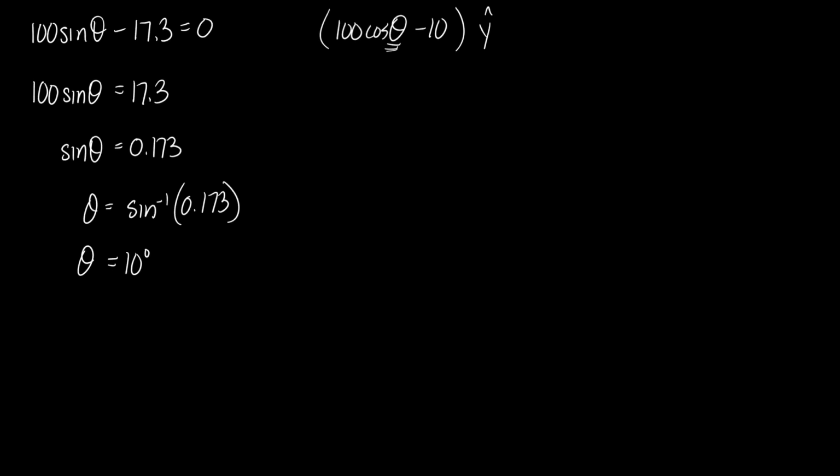Now, I'm going to finish this part off too, where I have 100 cosine 10 degrees minus 10 is all in the y direction. And that gives me 88 y hat.